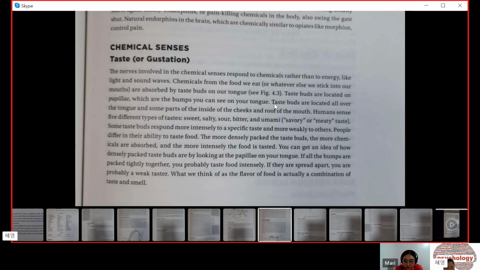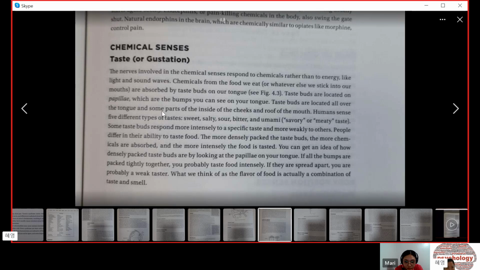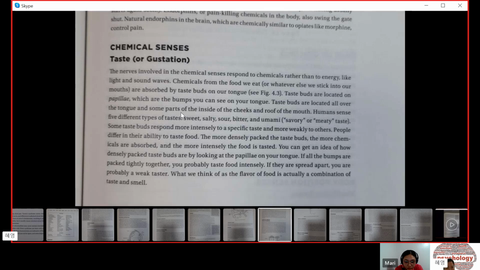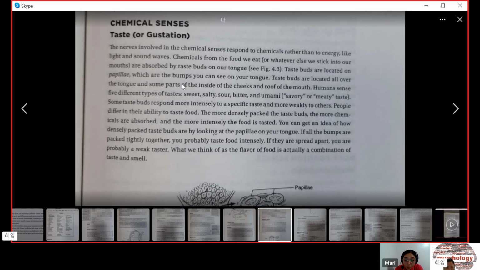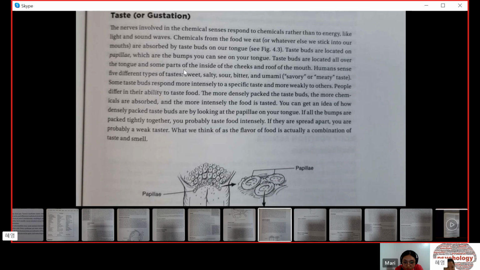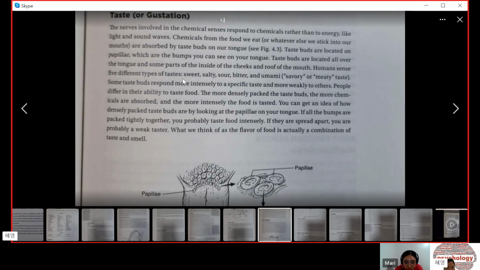Taste buds are located over the tongue and some parts of the inside of the cheek and the roof of the mouth. Humans sense five different types of taste: sweet, salty, sour, bitter, and umami, a savory or meaty taste.